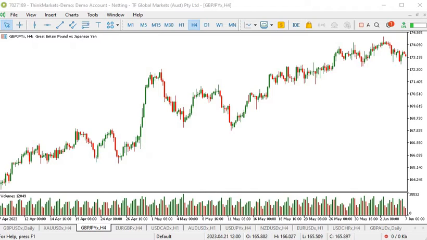We can clearly see the market is making higher highs and higher lows. So the direction is upward and the trend is uptrend. So it was the answer to the first question, direction.